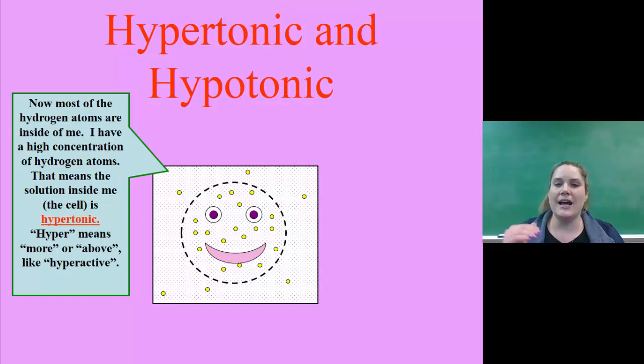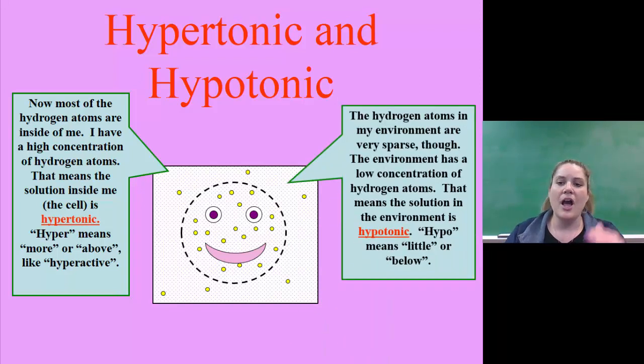Now hypo means below. Hypertonic and hypotonic are opposites of each other, but they're also relative to each other. So it's like saying taller and shorter. I can't just say I'm taller. Okay, because I'm taller than who? I'm taller than Eloise? Yes. I'm taller than Mr. Burnside?